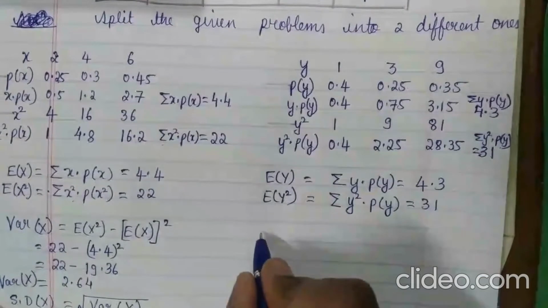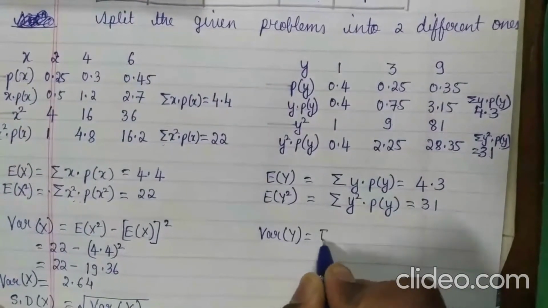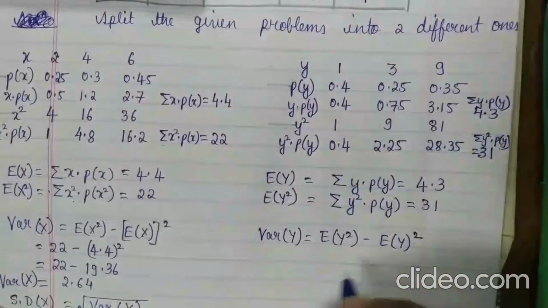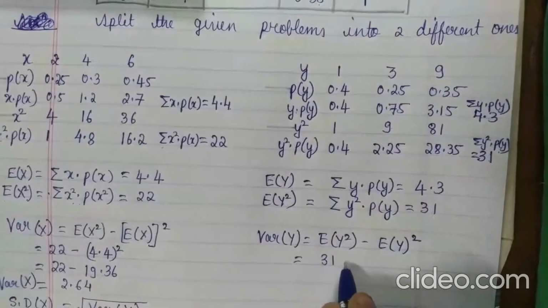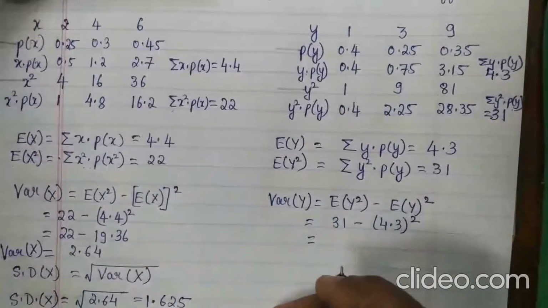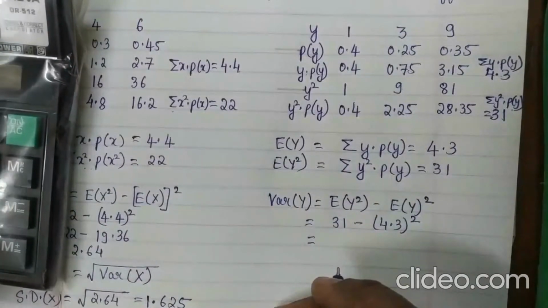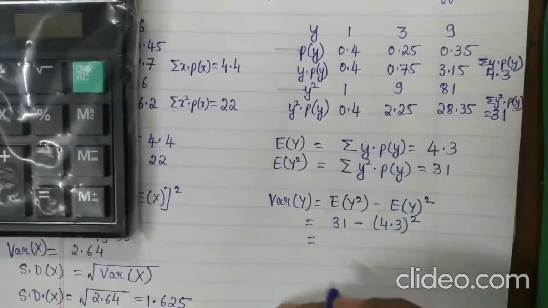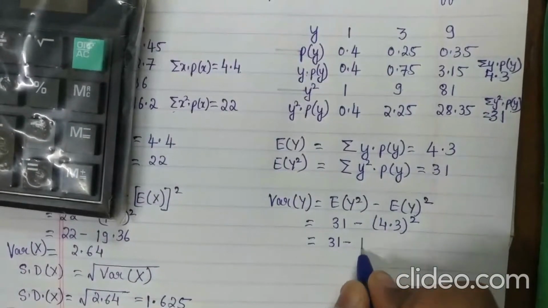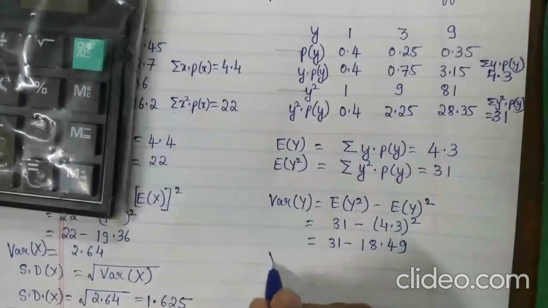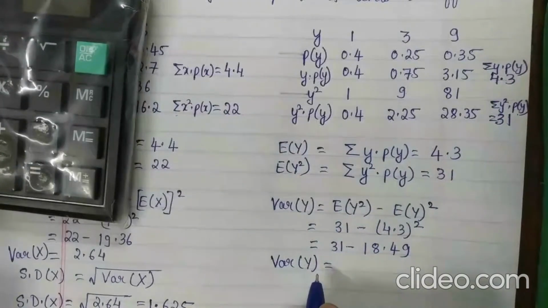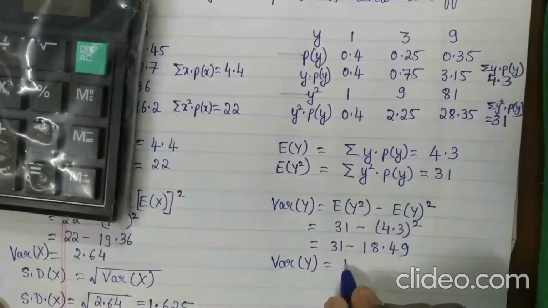Now find out variance. Variance of y is equal to E of y square minus E of y the whole square, which is equal to 31 minus 4.3 square. 4.3 into 4.3 is equal to 18.49. So variance of y is equal to 12.51.